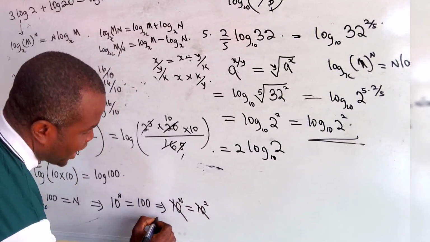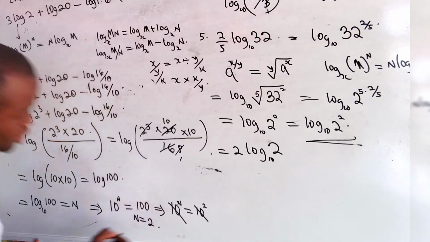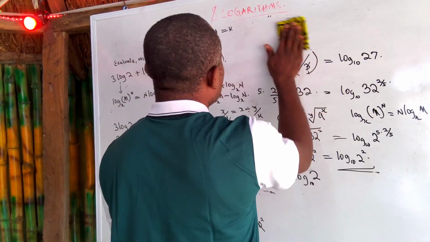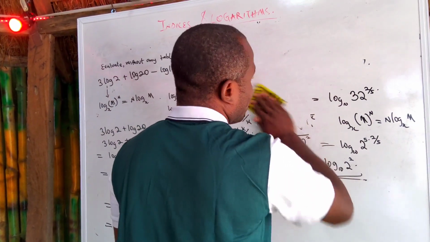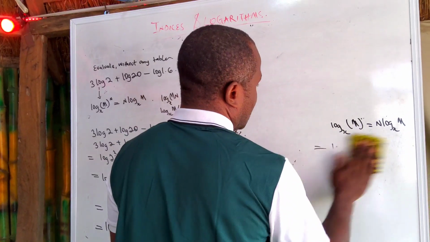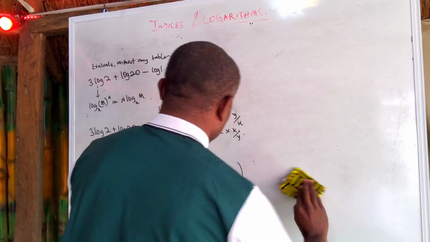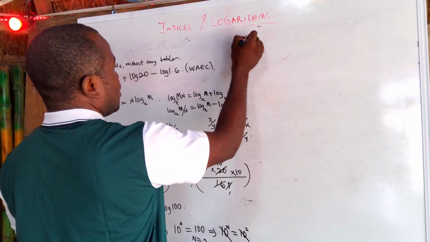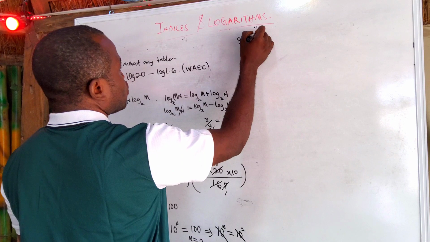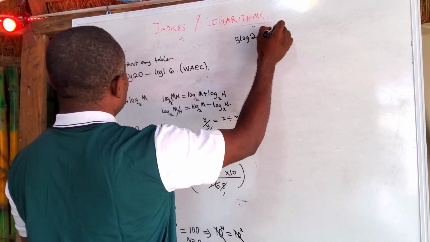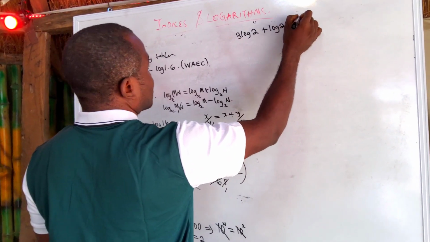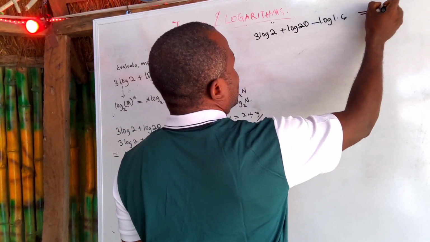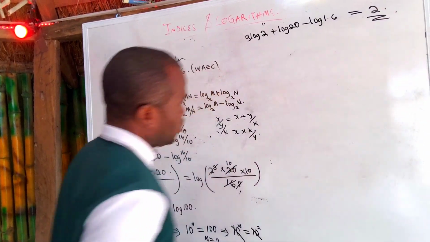That means your n here is 2. So the solution to the question without using table, 3 log base 10 of 2 plus log 20 minus log 1.6, is equal to 2.